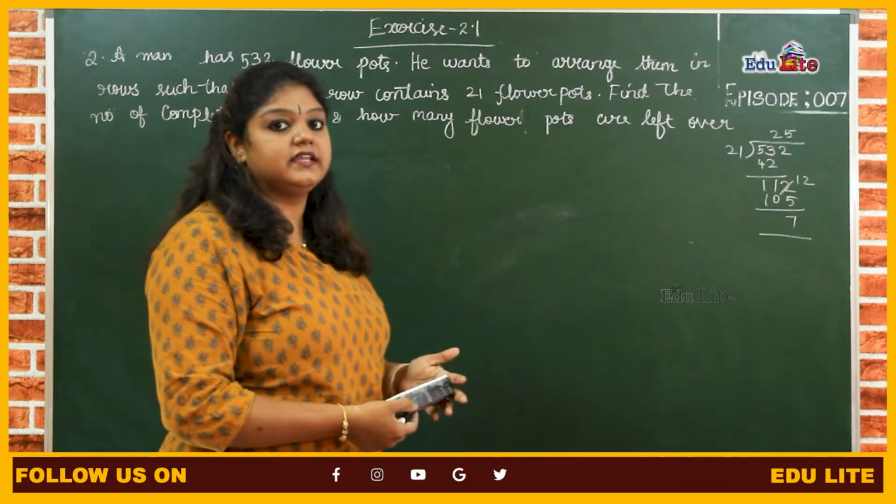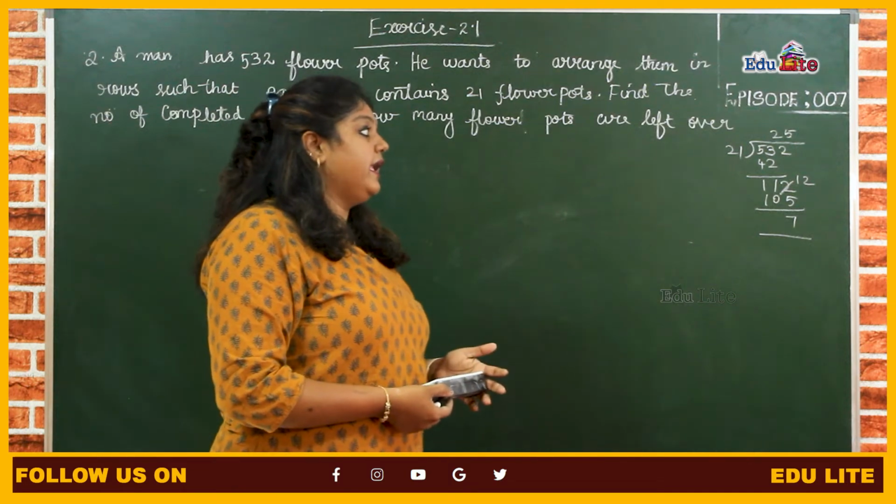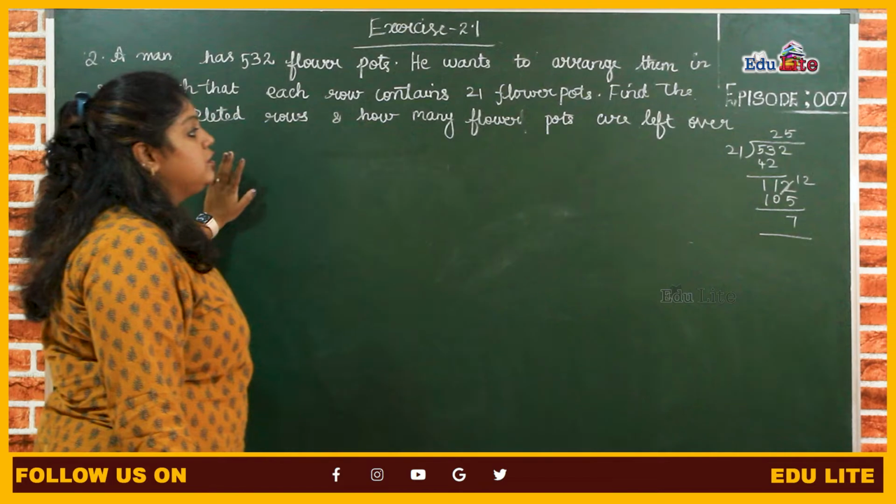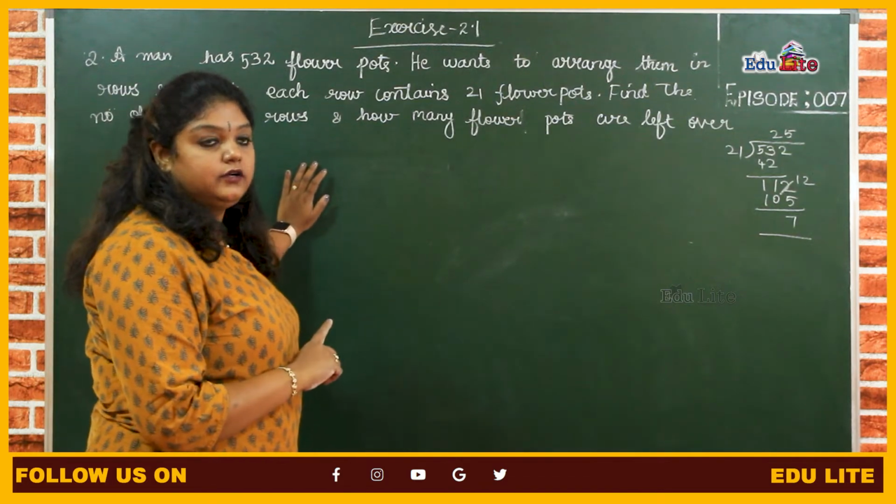We are going to express this in Euclid's division lemma, a equals bq plus r. This problem we are going to solve as we did in example 2.1.